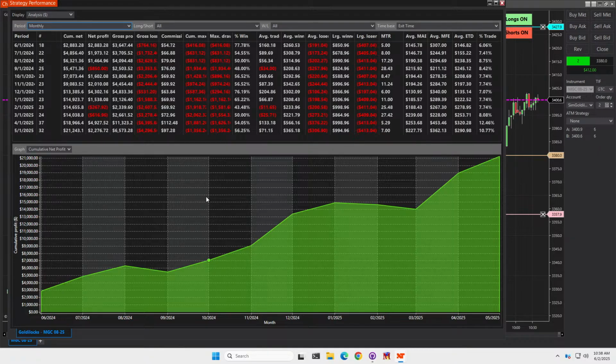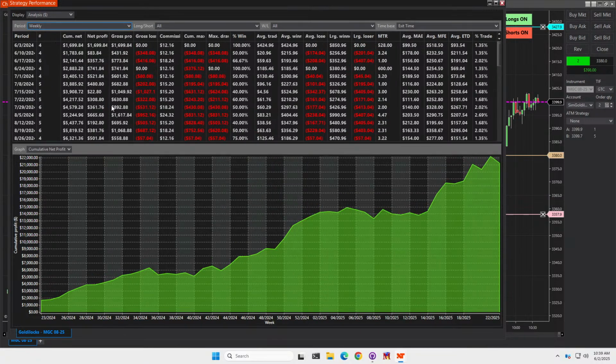So yes, you do have losing months, but they're not very big. That's kind of what you want for any equity chart: you want to see it slowly going from the bottom left to the upper right without a lot of big pullbacks. Now we'll do the weekly numbers.